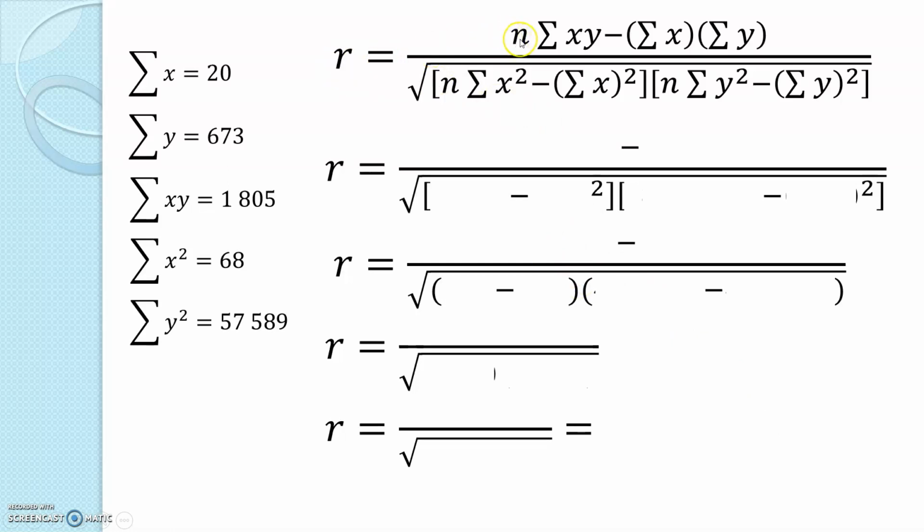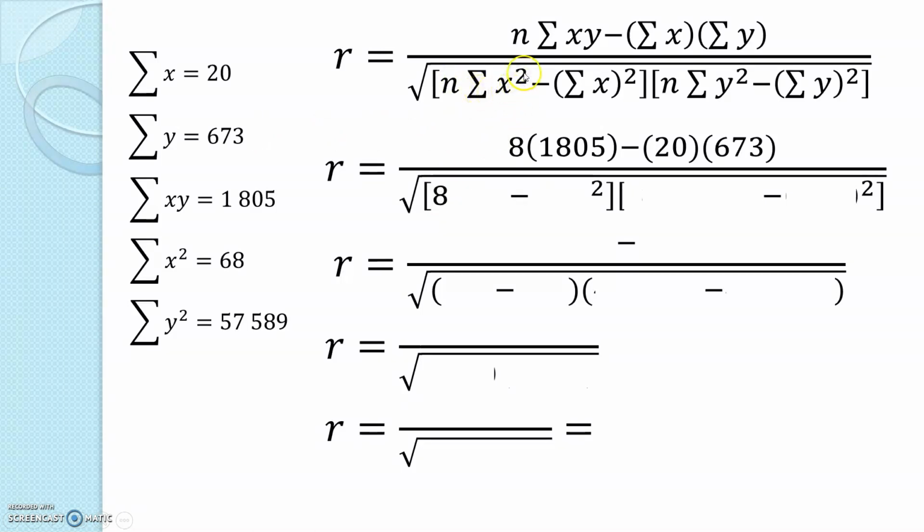Our n, the sample size, is 8, or 8 students. The summation of xy is 1,805. We have also the summation of x, which is 20, and the summation of y, which is 673. So n also is 8 here.